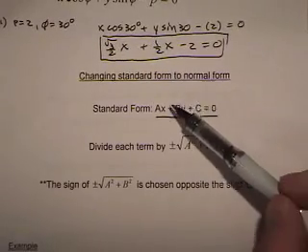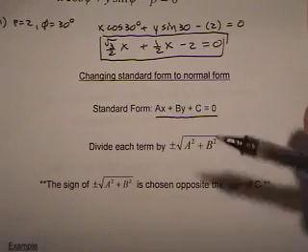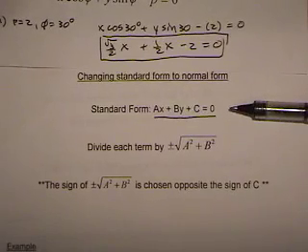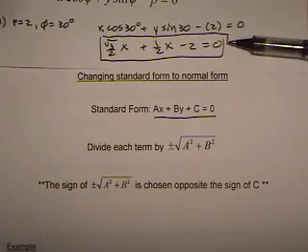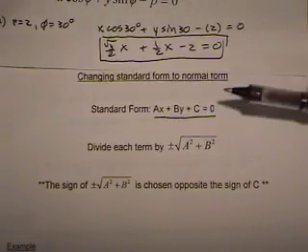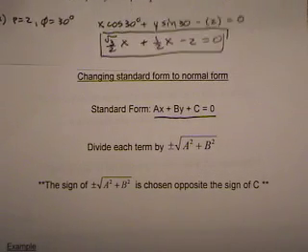My job now is to take this regular linear equation that I'm given and change it into this normal form. Regular linear to normal. How do I do that?